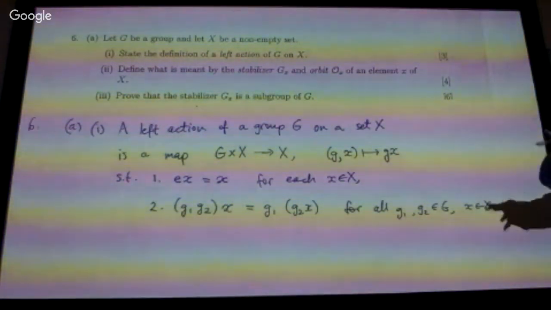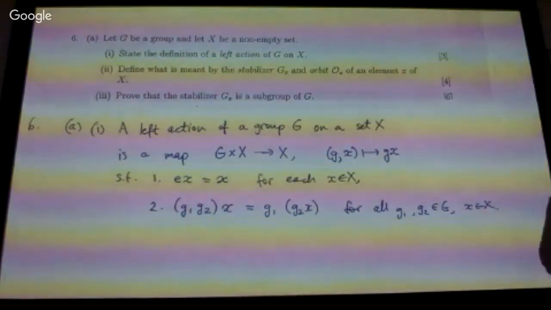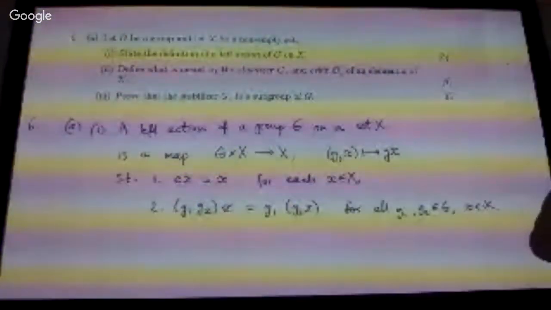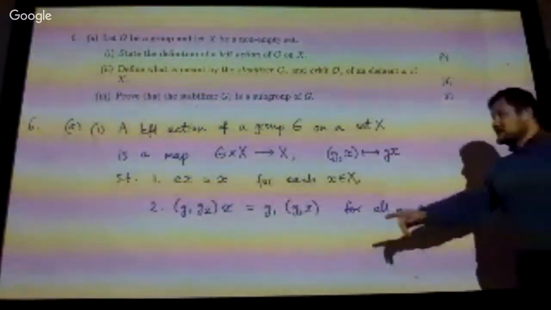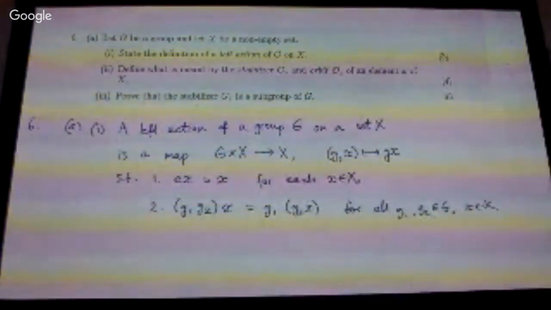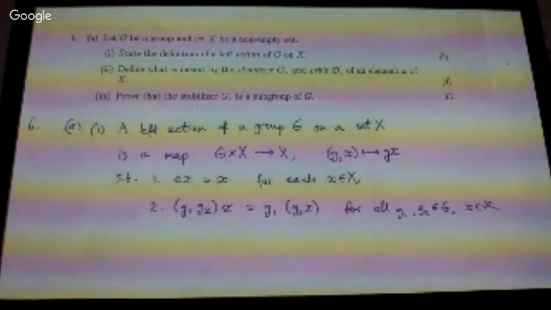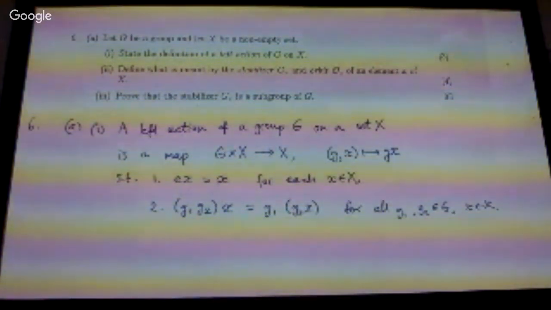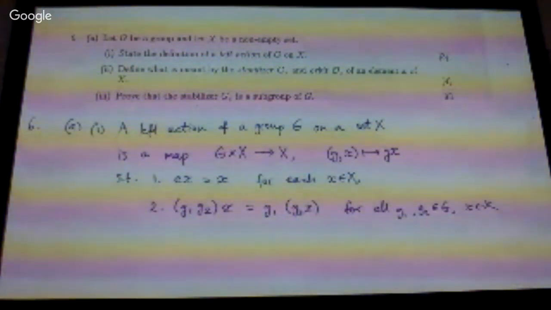They can be composed to give you new transformations, they have inverses, and not doing anything is one of them, and that's the identity. Identity fixes all the points. That's the idea of an action, and the formal definition is this one.